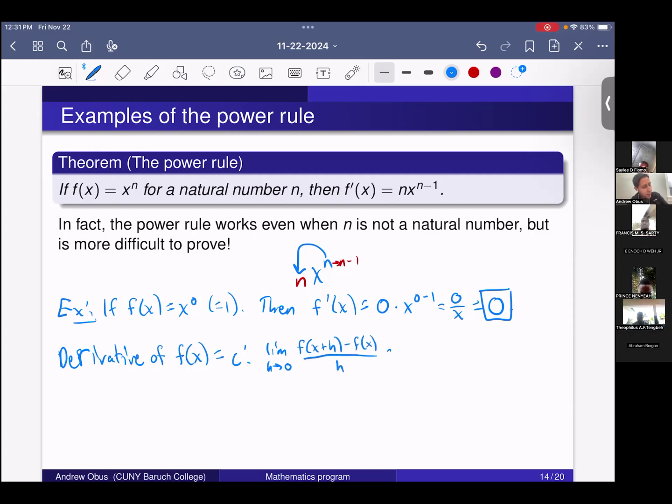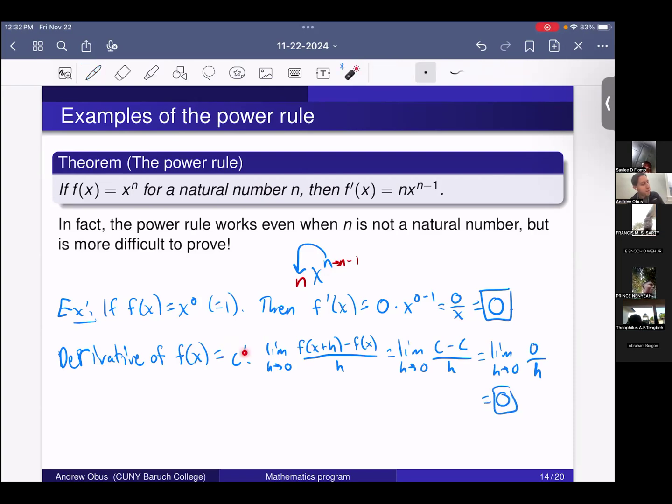But if f is just a constant, this is the limit as h approaches 0 of c minus c over h, which is the limit as h approaches 0 of 0 over h. And 0 over h is always 0 for all non-zero h, and that's what you have with a limit. So this is just 0. So the derivative of a constant function is always going to be 0.